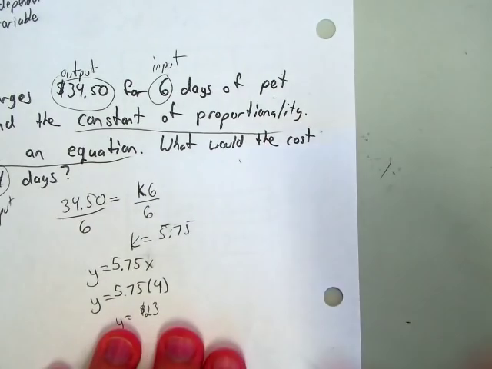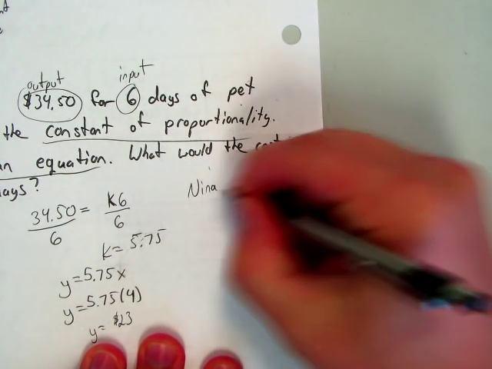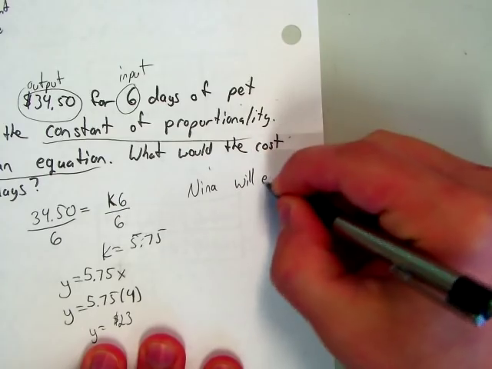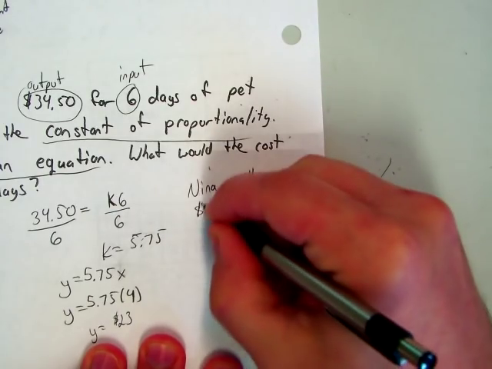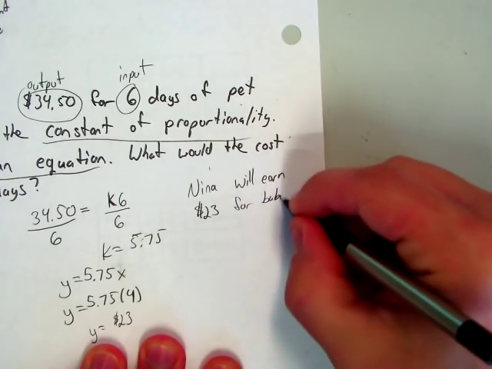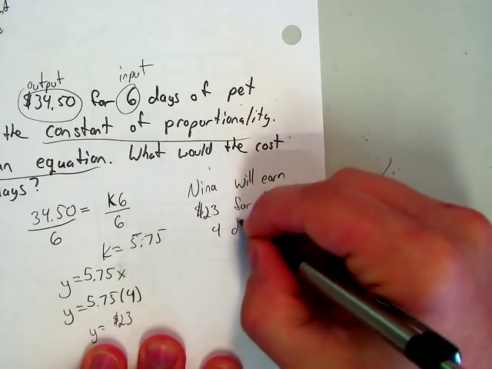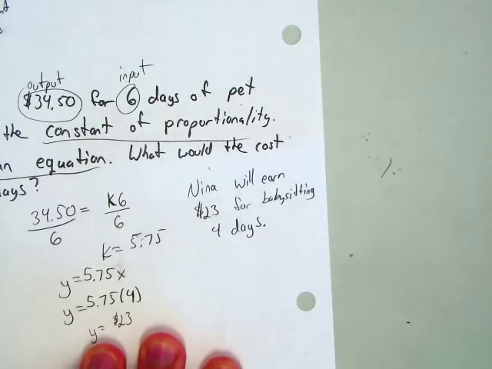Now, this is a word problem, which means I need to answer this in a complete sentence. So I would say Nina will earn $23 for pet sitting 4 days.